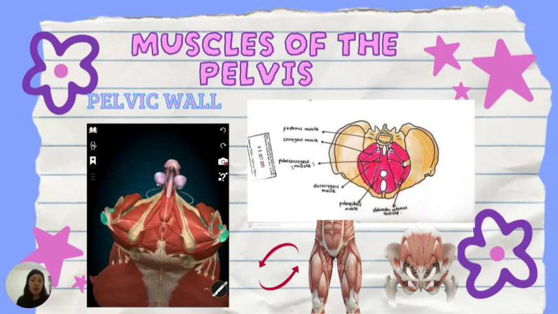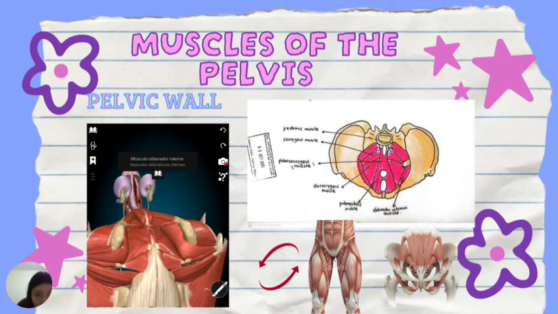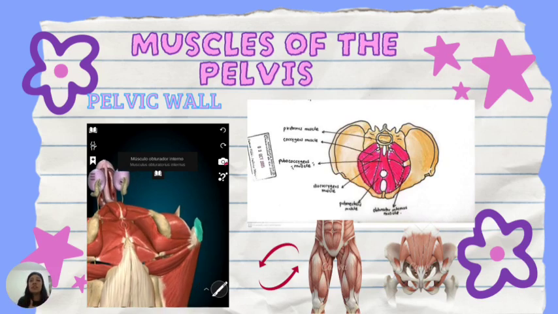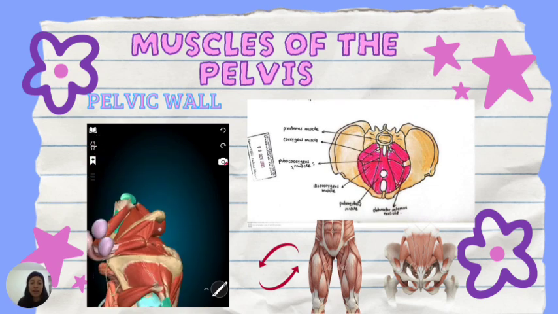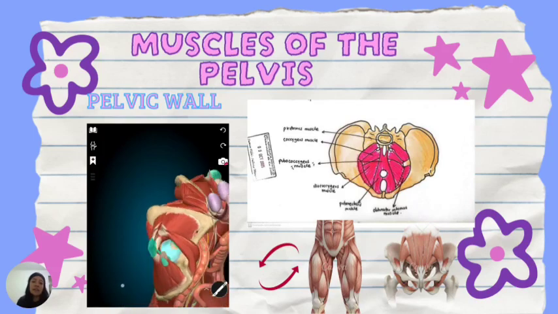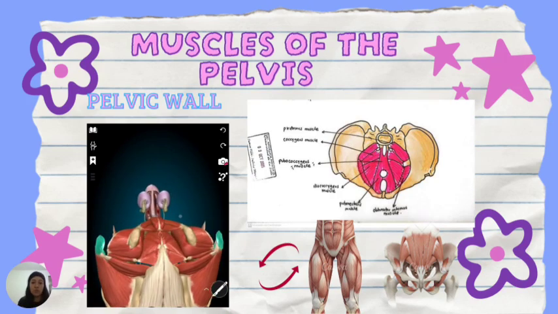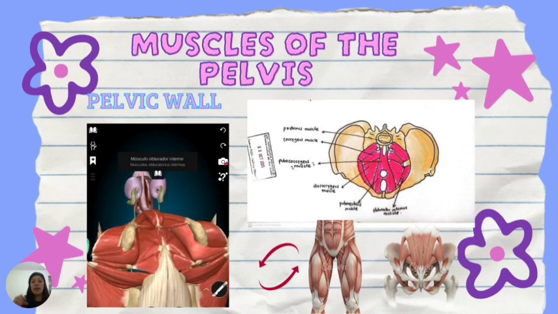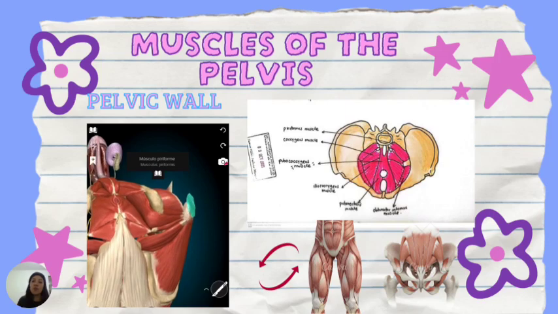Then we have the piriformis, which we can see in the upper part of the image, like little lines, that originates at the sacrum and exits through the greater sciatic foramen, also rotating the thigh laterally. Here I put the thigh and the movement this part allows. Together, they shape the lateral walls and provide pathways for important nerves and vessels in this region.